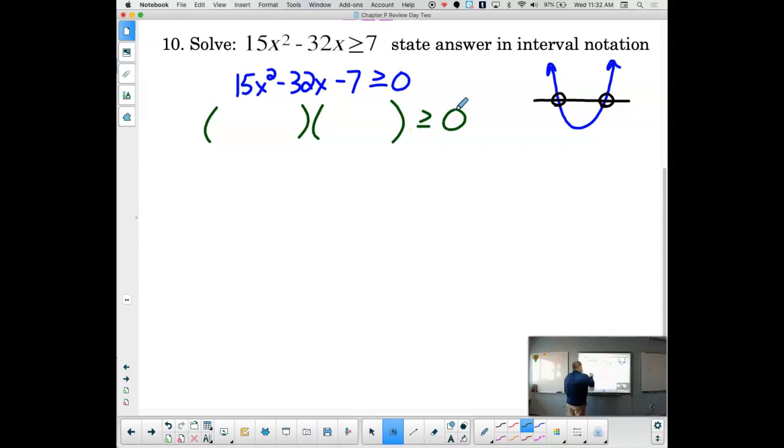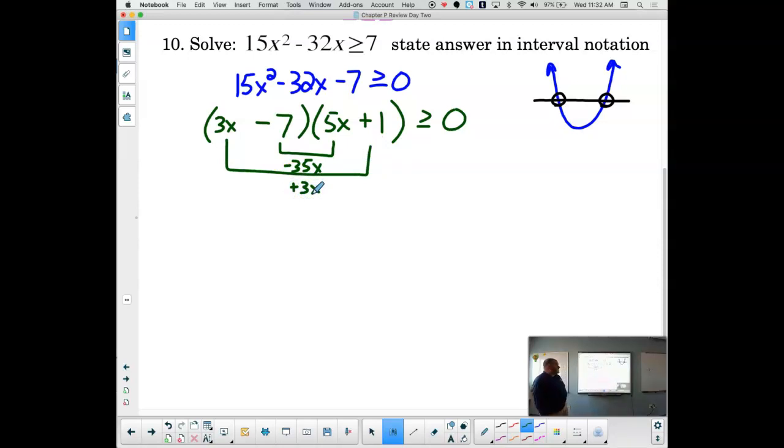Okay? So if I try 3x and 5x, if I go with 7 and 1, and I go negative and positive, what I've done here then is I've created negative 35x, and out here I've created positive 3x. Those two combine together to give me my negative 32x.